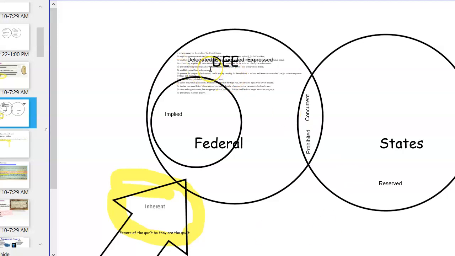It is not in the Constitution. There's not a thing in the Constitution that talks about any type of infrastructure. So when Eisenhower authorized the creation of the interstate system, he did so through an inherent power.